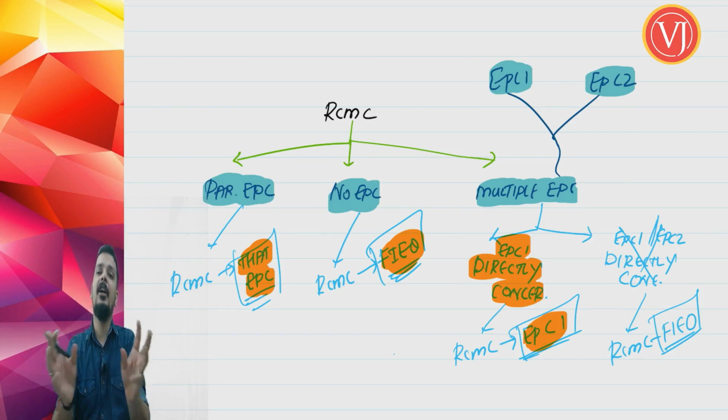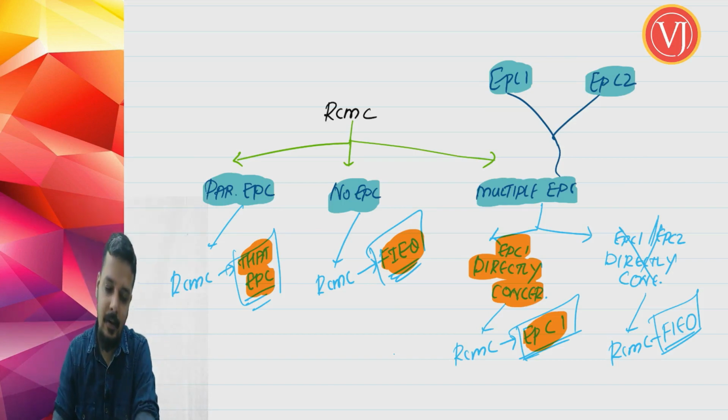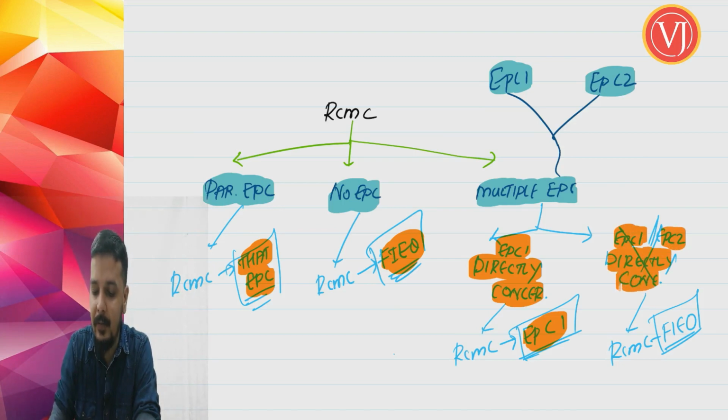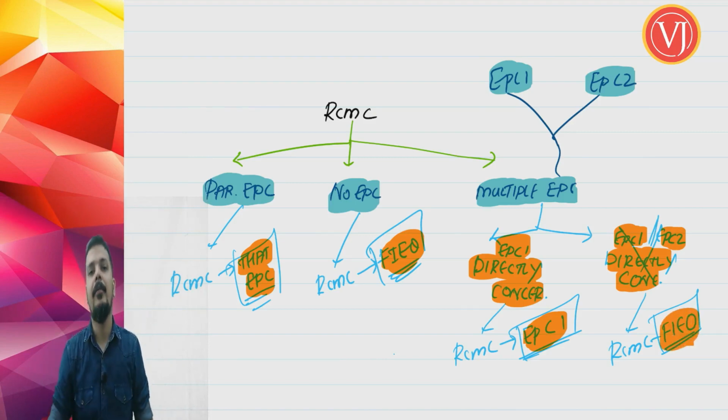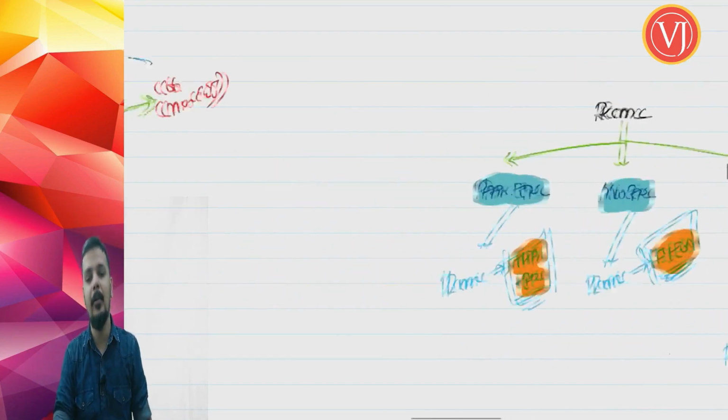But if you are dealing with multiple products and both happen to be equally important, and now you have two EPCs, and you are not sure whether EPC1 or EPC2 is directly concerned with your main line of business, or both are equally concerned, then apply for your RCMC from your Federation of Indian Exporters Organization. So that is all about your RCMC.